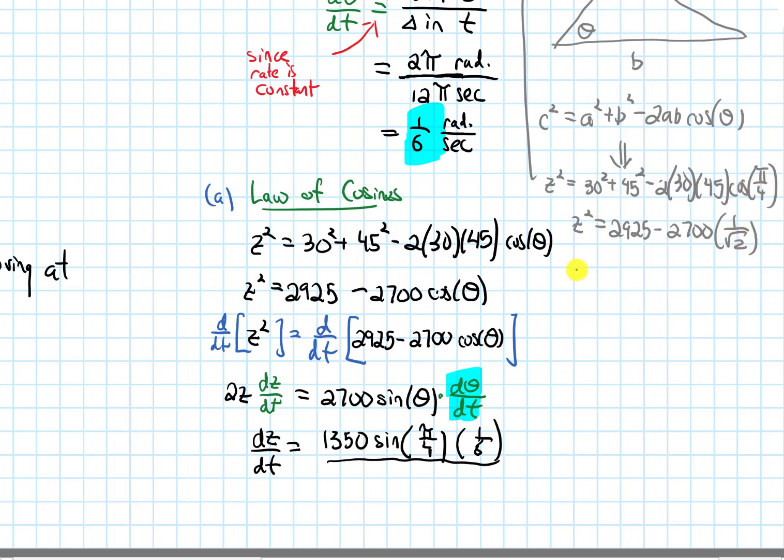And if I square root both sides, we'll get z equals the square root of 2925 minus 2700 over square root of 2. And as we've seen before, z is a length here, so it can't be negative, so I don't worry about the plus or minus. But that square root is what's going to go on the bottom. So we'll have the square root of 2925 minus 2700 over root 2.